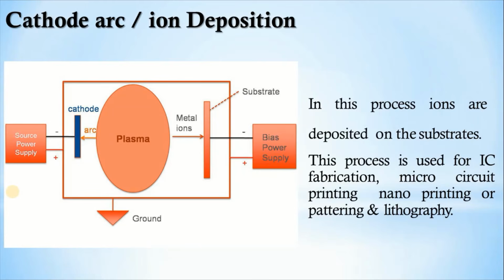Here the plasma is generated, and based on that plasma, the arc deposits the metal ions on the substrate. So here we are using a plasma source to deposit on the surface.